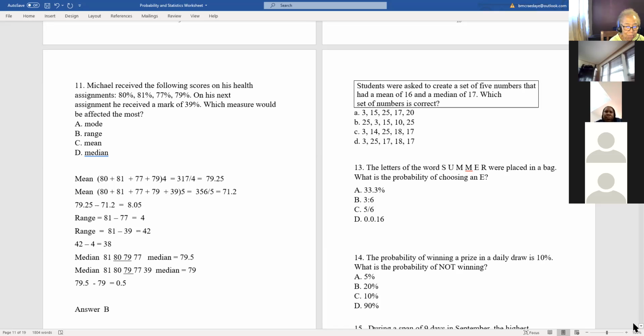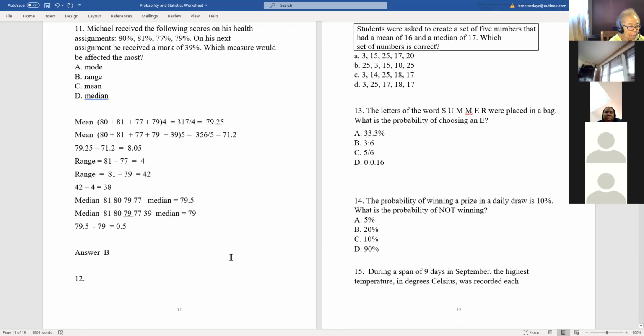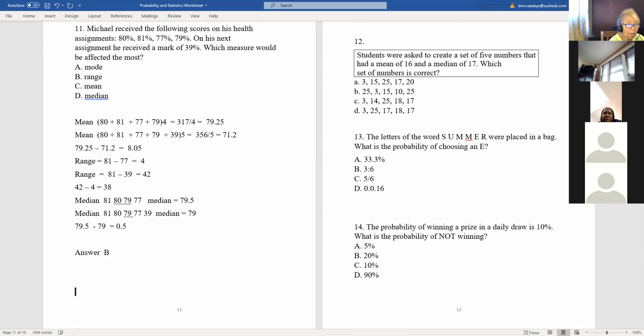Okay, so you want to do number 12. Now this one, which one would you say would have a mean of 16 and a median of 17?